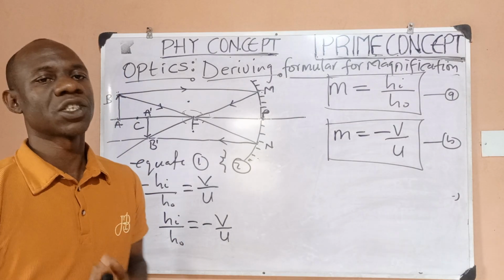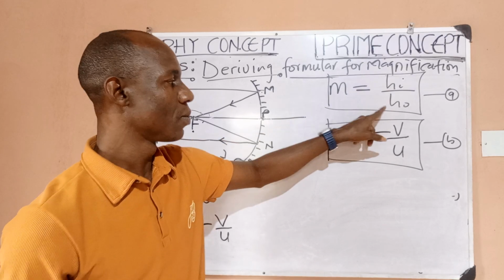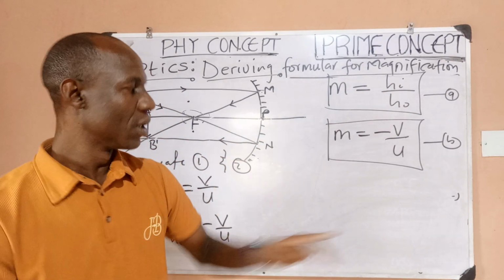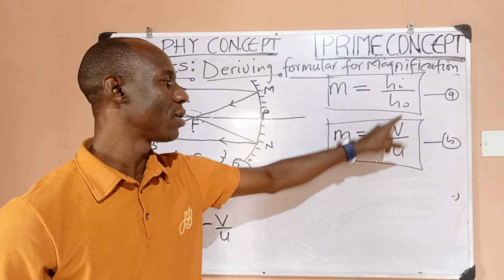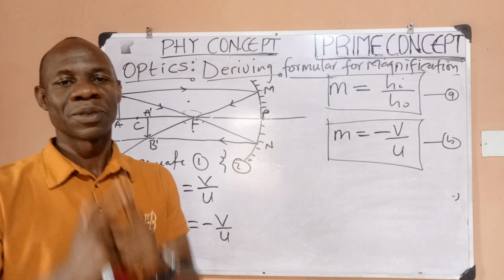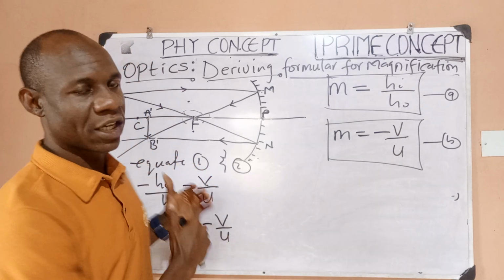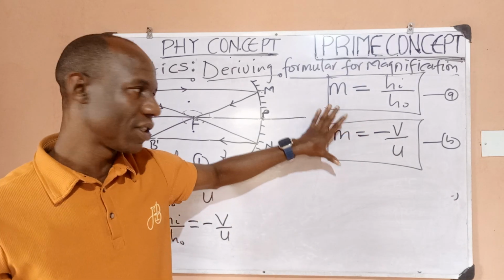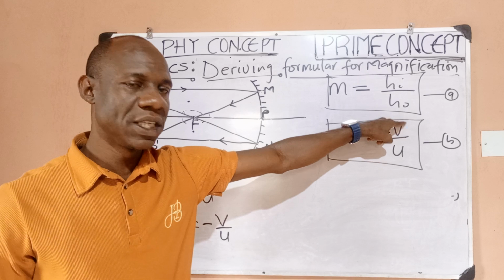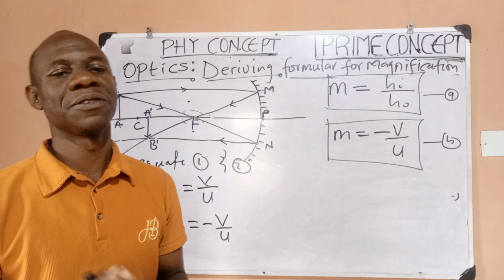The magnification m is the height of image over height of object, or m is minus v over u. So take note of this. For a plane mirror, we said that the magnification is v over u, but for a curved mirror, we use minus v over u. So don't mix these. I believe that this concept is very clear to you.